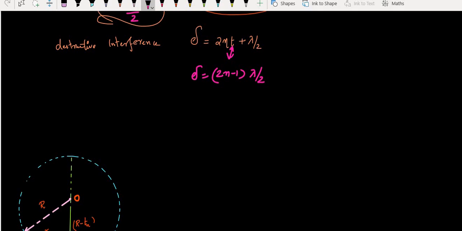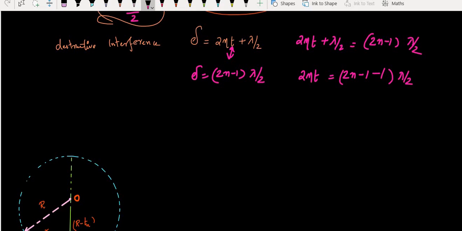Now we are going to equate these two. We get 2 mu t plus lambda by 2 equal to (2n minus 1) lambda by 2. That is 2 mu t equal to (2n minus 1) lambda by 2 minus lambda by 2, which is (2n minus 2) lambda by 2. This cancels, so we get 2 mu t equal to (n minus 1) lambda.